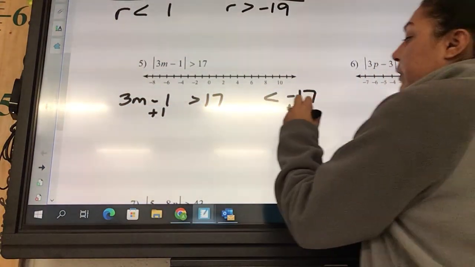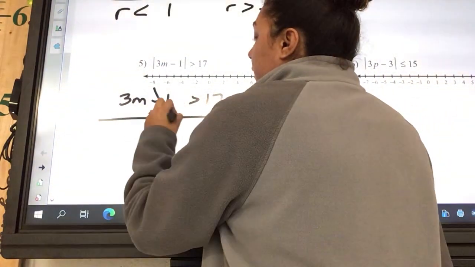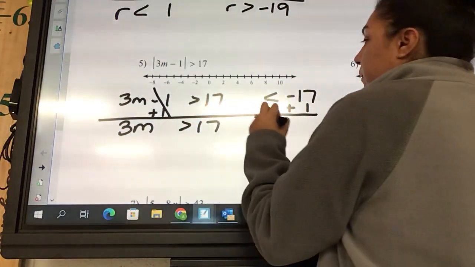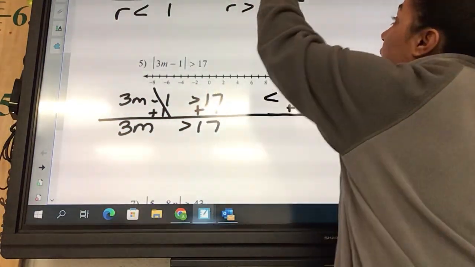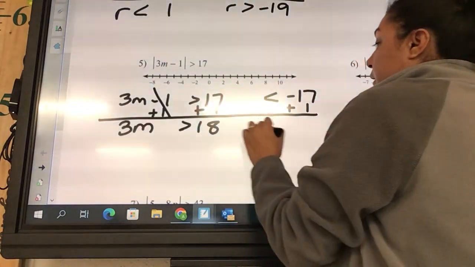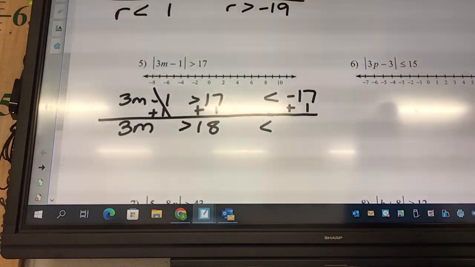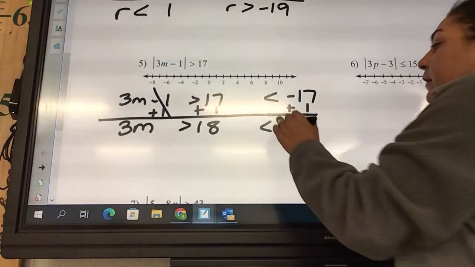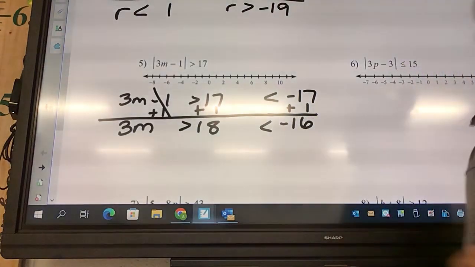It does not have a letter. So I got 3m, I got 17, oh no, I lied, 18, negative 17 plus 1. It's going to be negative 16.